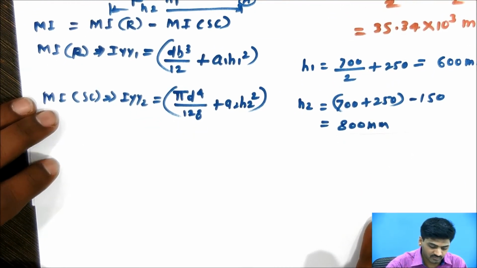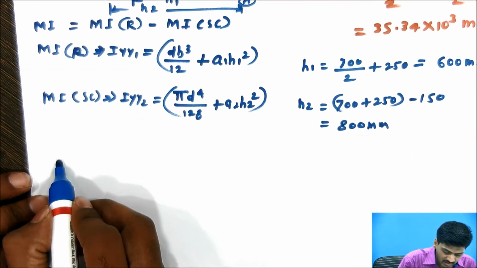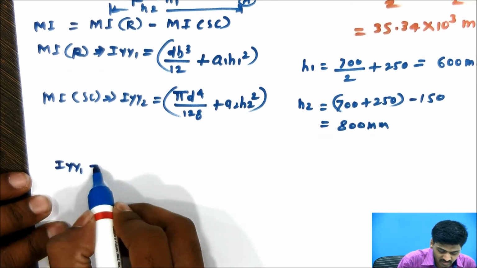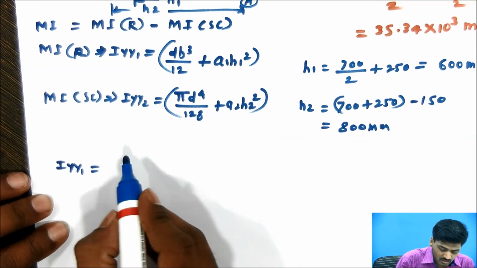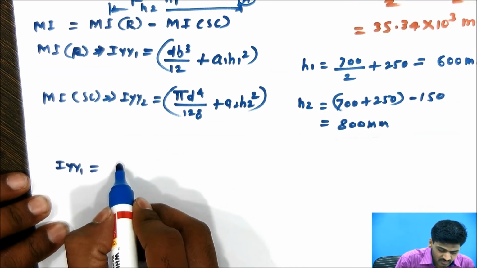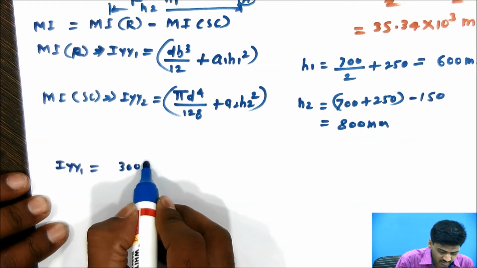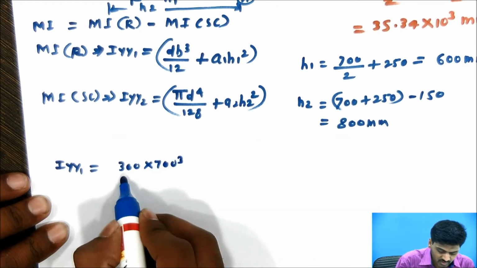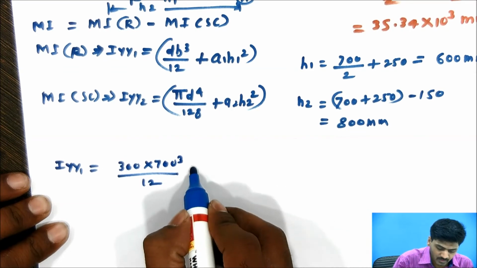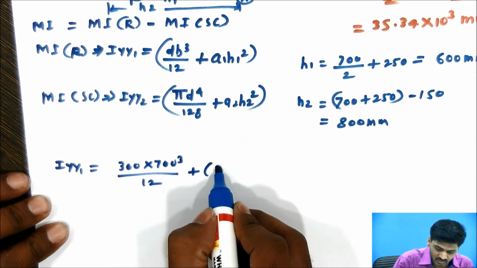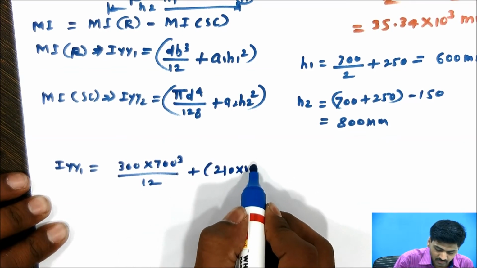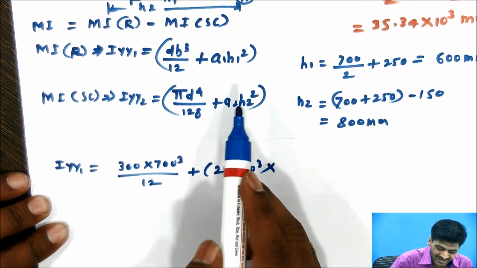So let's observe. First one, IYY1, how to calculate it? So dB cube, D is now 300 into 700 cube divided by 12 plus area of figure number 1, 210 into 10 power 3, into H1.